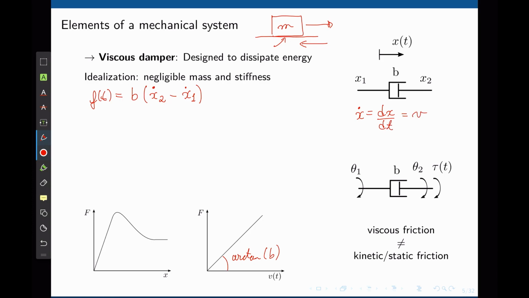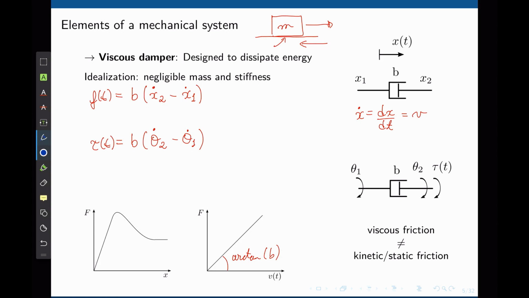If you now look at a rotational system, instead of force we have a torque, we still have a coefficient of viscous friction, but now we have an angular velocity on one end, that is theta 2 dot, and on the other end we have theta 1 dot. And this is now the force developed in a translational viscous damper.